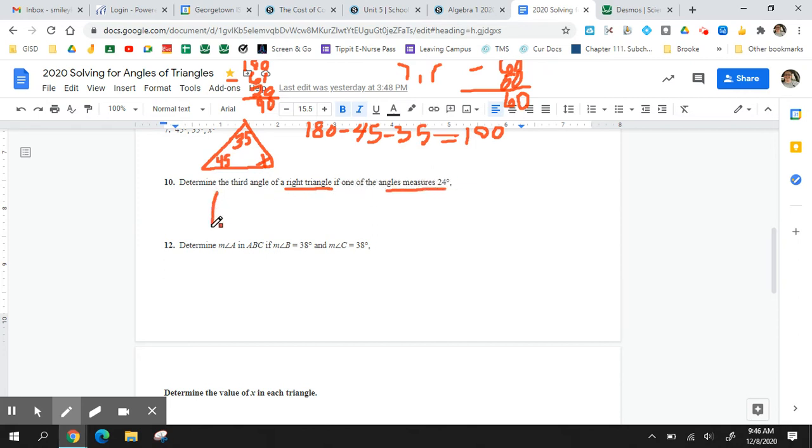So the key is that it's a right triangle. This is 90 degrees, right triangle. Then they give you the 24. So if I do 180 minus 90 for the right triangle, minus 24, then that will get me my answer.